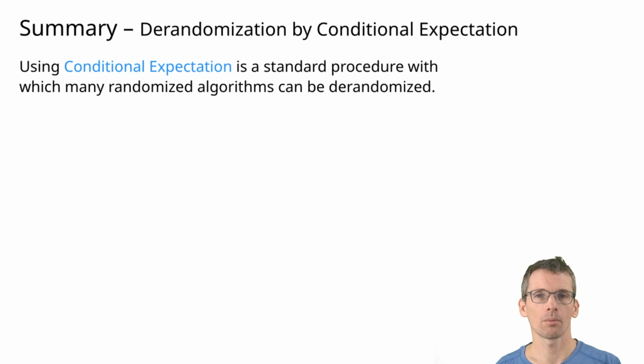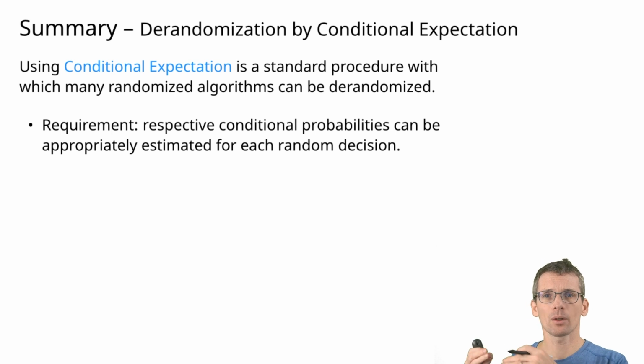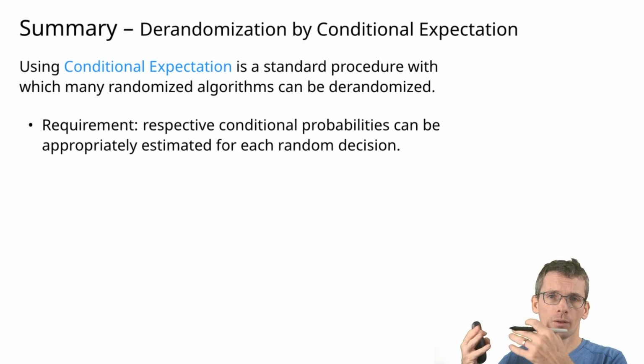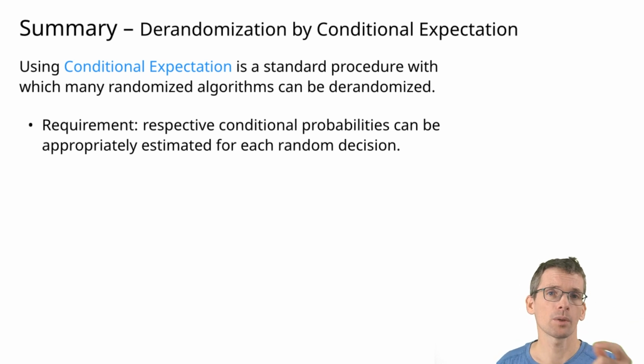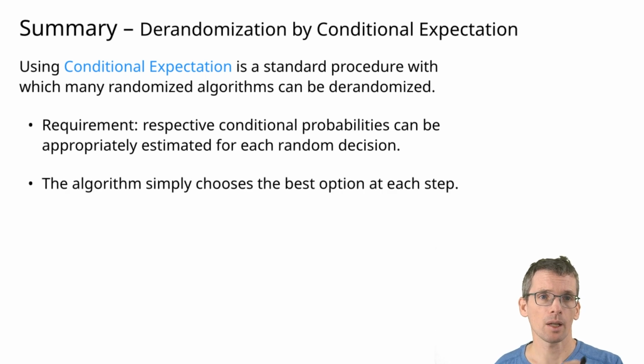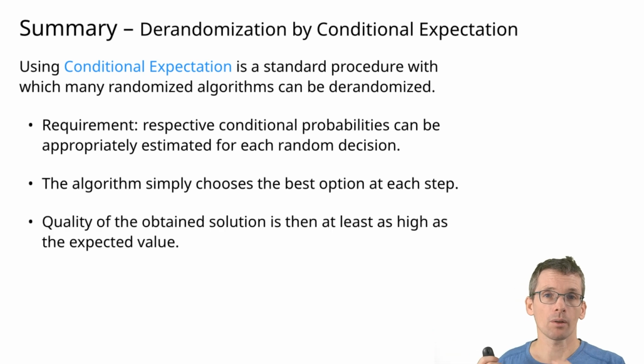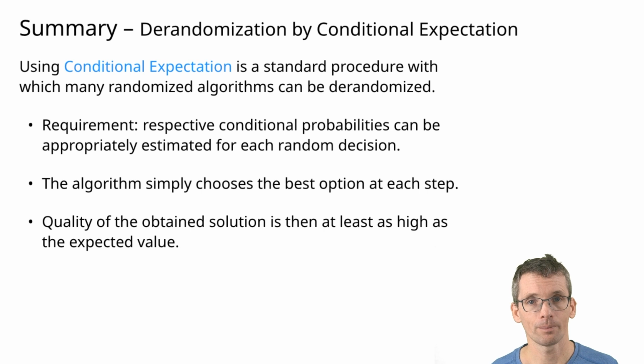So, derandomization by conditional expectation. What we needed was that we could compute conditional probabilities that we would get by setting the variables, and then the algorithm simply in every step made the choice that for that step gave us a better conditional probability, and in that way we were able to guarantee a quality that is at least as good as the expected value.